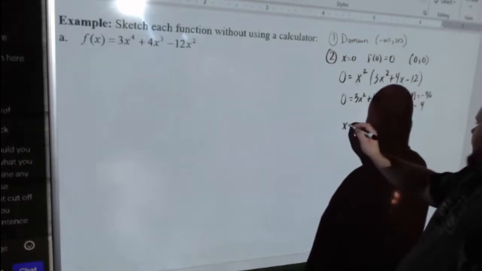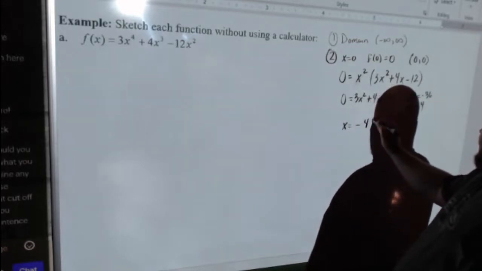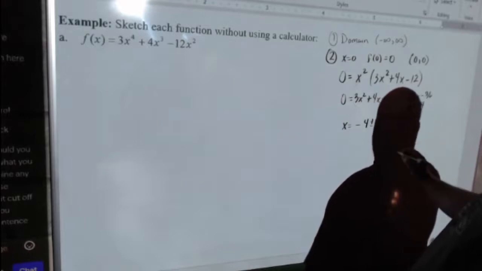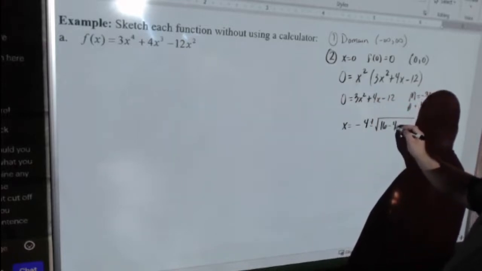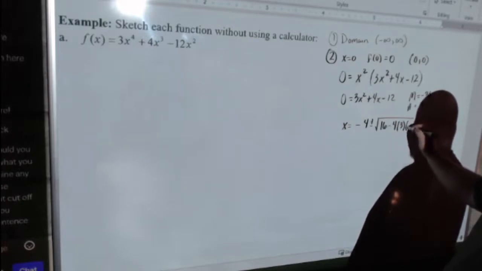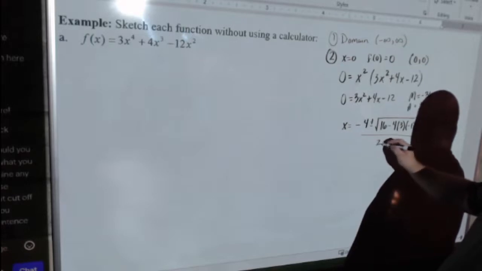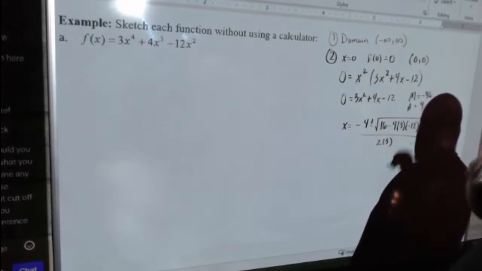So x equals minus 4 plus or minus the square root of 16 minus 4 times 3 times negative 12, all over 2 times 3.